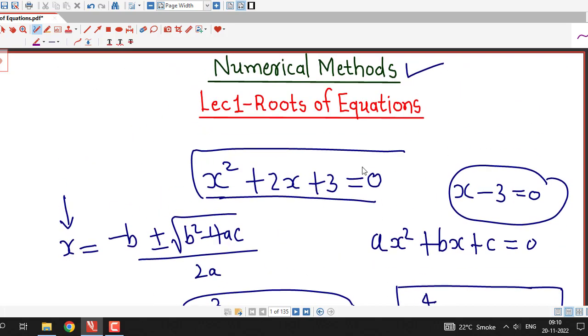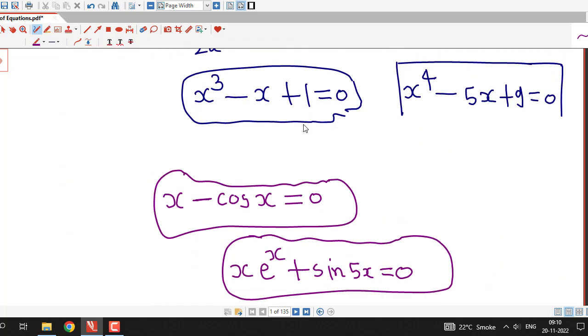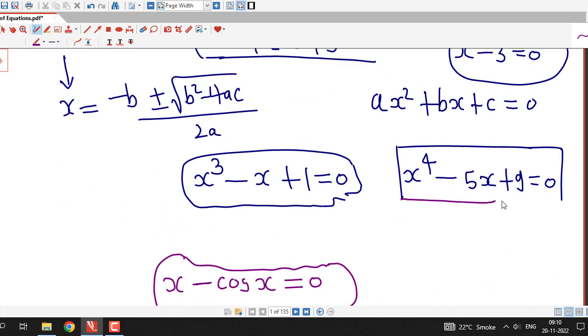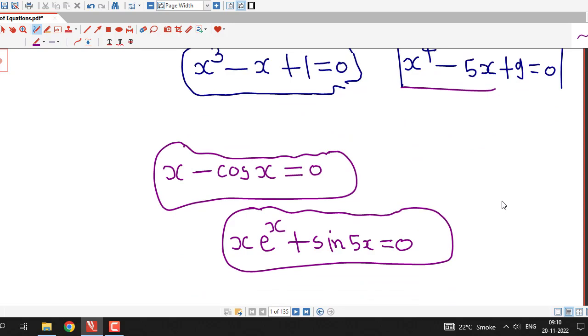So from this lecture onwards we are going to discuss methods for solving roots of equations, especially higher degree polynomial equations and equations which involve transcendental functions. This cos x, logarithm of x, all these functions are known as transcendental functions.